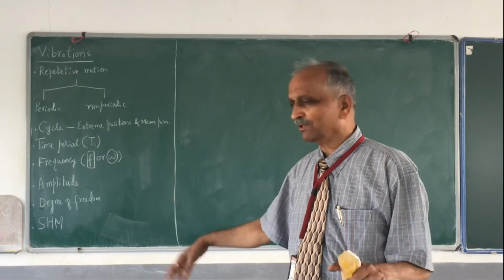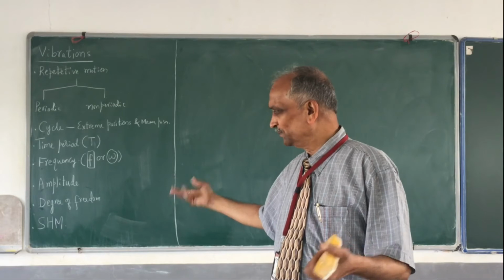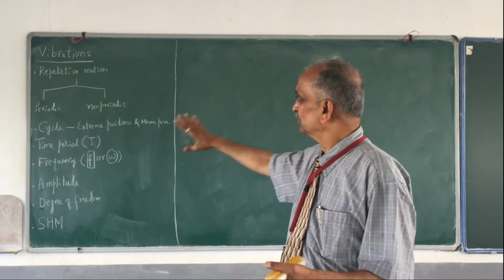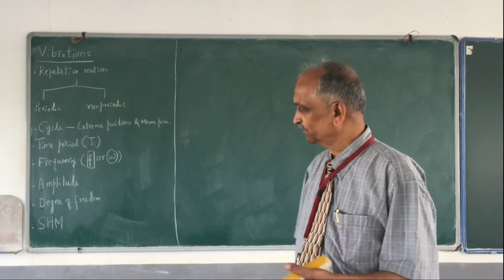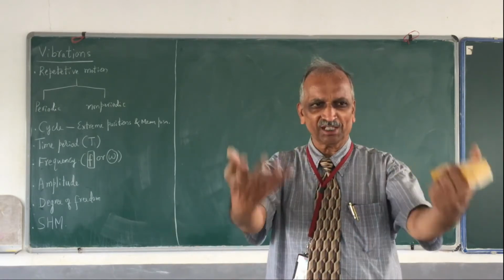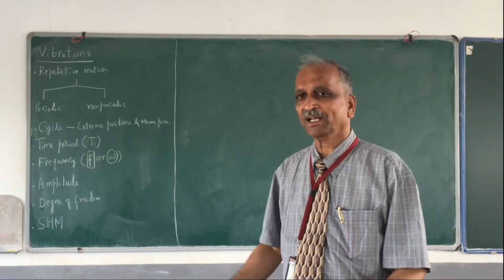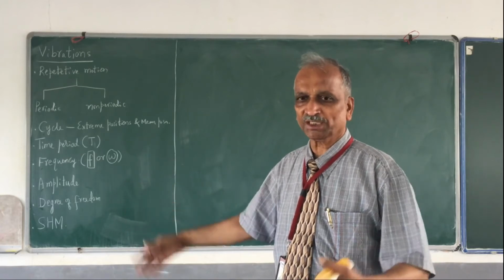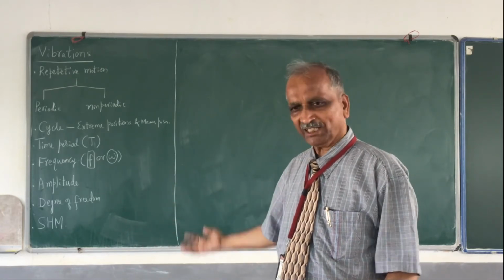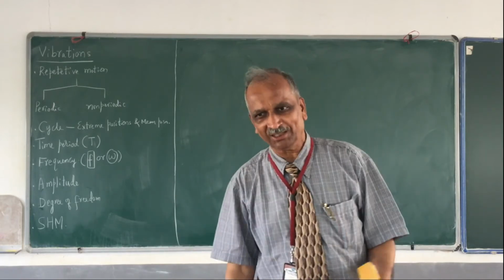Right now I don't spend much time on this, and I hope this is what is required from your examination point of view, from the definition point of view. Otherwise, if you were there in front of me, I would have posed hundreds of questions and discussed this degree of freedom for hours together. Unfortunately, you are not there, and fortunately for me, I am able to save the time.